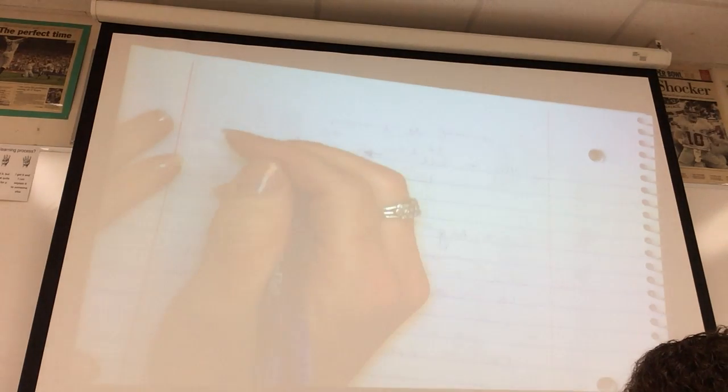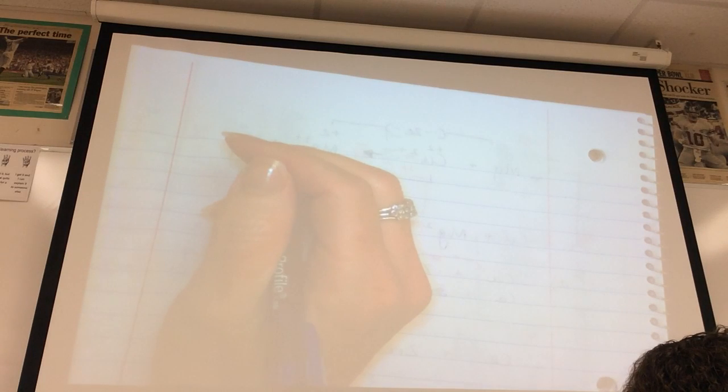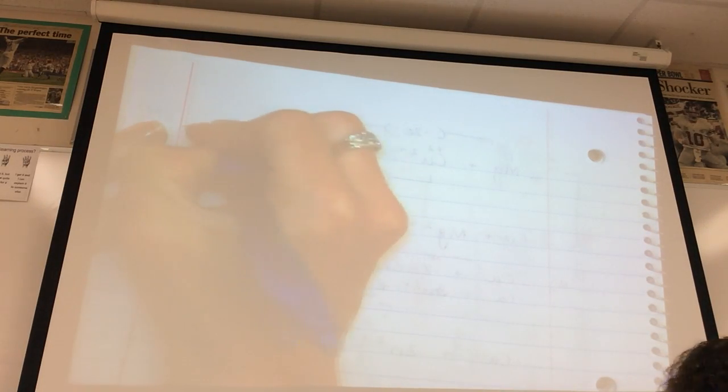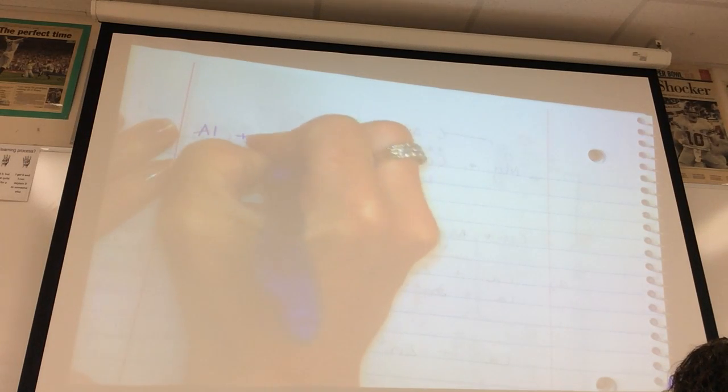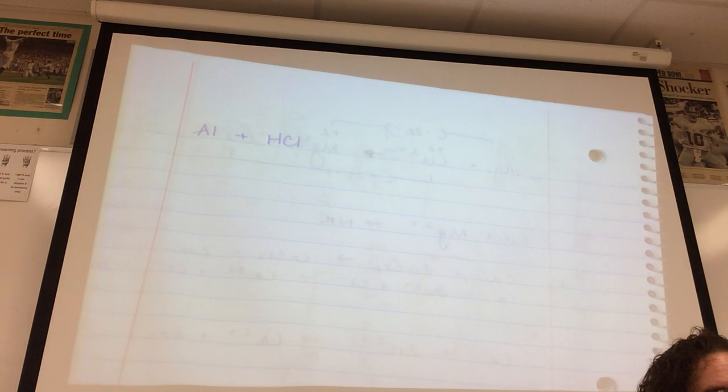The other 2 examples here I will show you. They're slightly different, but it's stuff you also saw in honors. It says metals are oxidized when they react with acids. So in the example I gave you, it says aluminum reacts with hydrochloric acid. Hydrogen, of course, is not a metal, but in this activity series, it almost reacts like one.